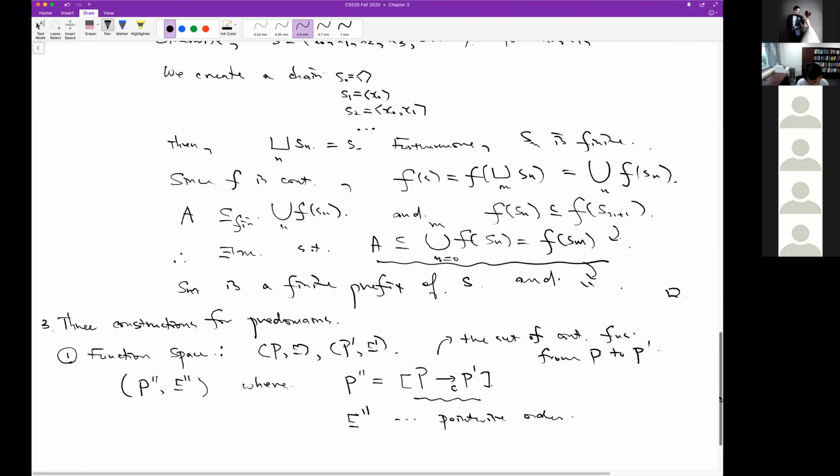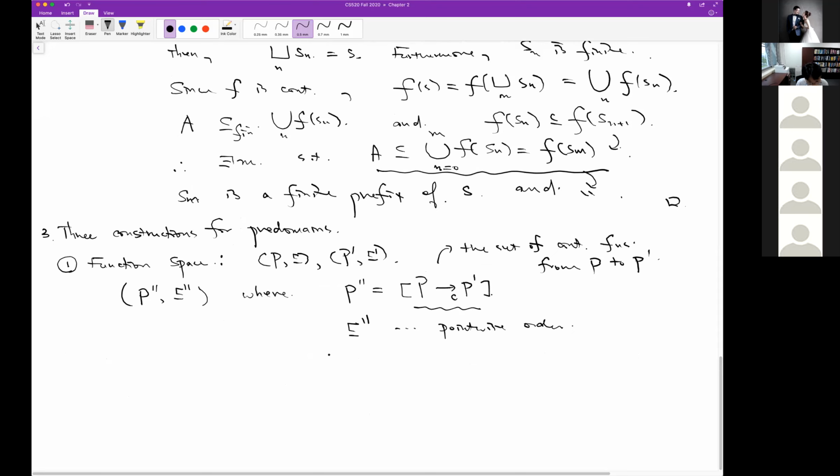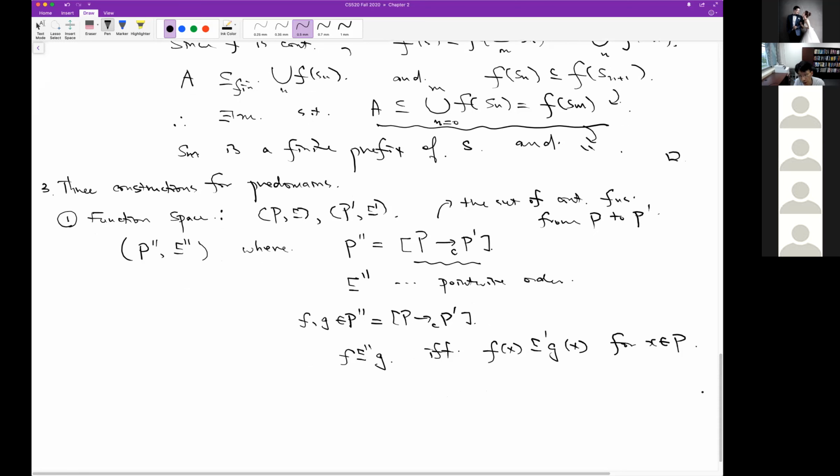So what does this mean? Given two functions f and g in P double prime, which are continuous functions from P to P prime, we say f is less than or equal to g if and only if for every x in the domain, f of x is less than or equal to g of x.